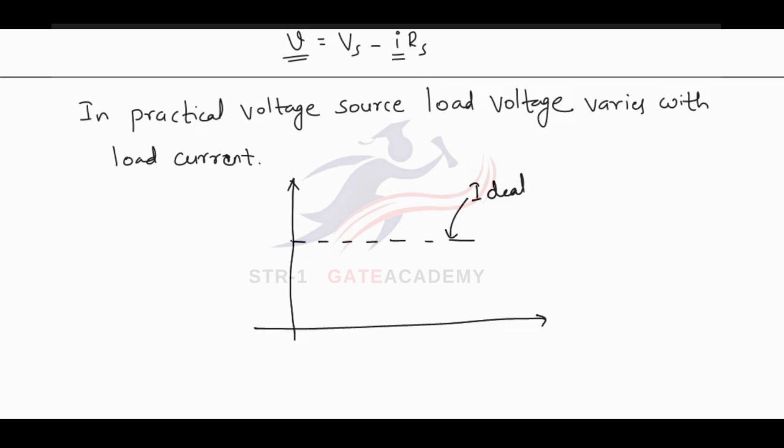Now for the practical source, this will be a decreasing line. This is my current I, load current. This is my load voltage V. This is voltage Vs. Now the equation of this line is V is equal to Vs minus I times Rs. And at this point V is equal to 0.